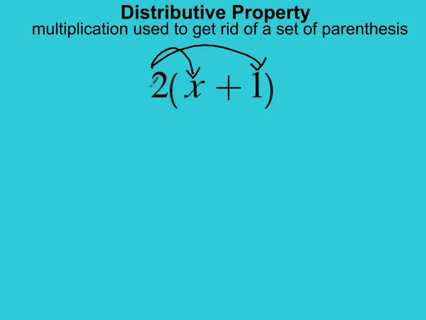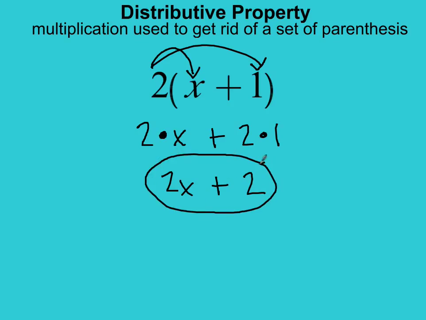So whenever you multiply 2 times x, you get 2x. And then when you multiply 2 times 1, 2 times 1 would just give you 2. So your final answer for this would be 2x plus 2.